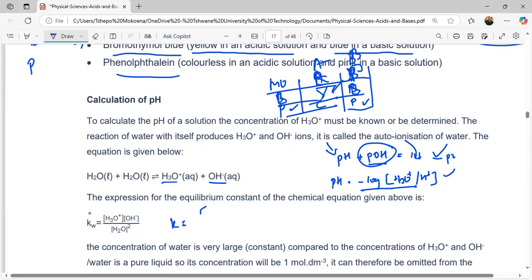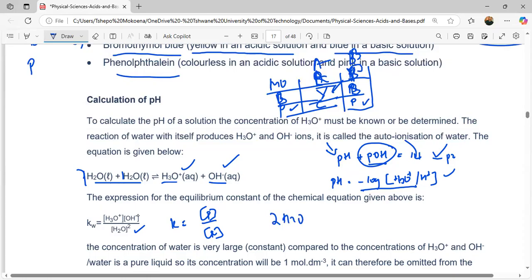You're going to say concentration of the products divided by the concentration of the reactants. So if you have a look, the H3O plus ion is a product, the OH minus ion is a product, and at the bottom we use the reactants, which is water. But we have two molecules of water, so that's why we raise it to two. So basically, we can write it like this.